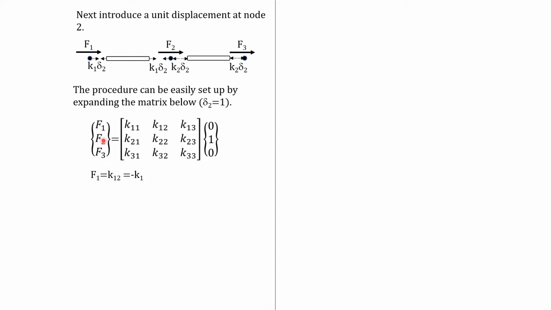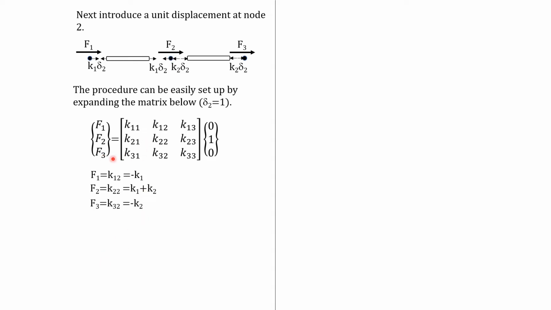Then F2 equals K22, and it is equal to K1 plus K2 if you draw the free body diagram, or if you write the static equation at this node here. F2 equals K1 delta 2 plus K2 delta 2, and because delta 2 equals 1, that's why F2 equals K22, and K22 equals K1 plus K2 from this free body diagram of that node.